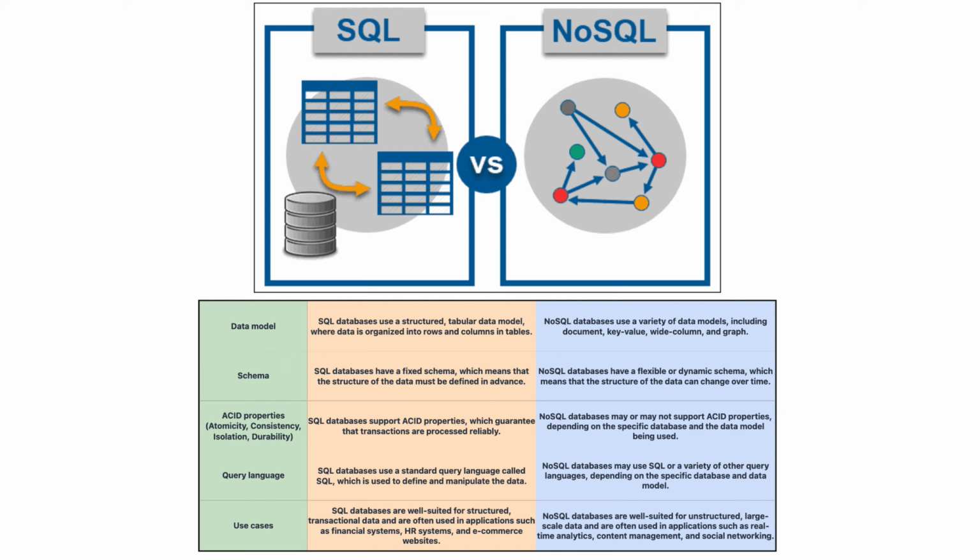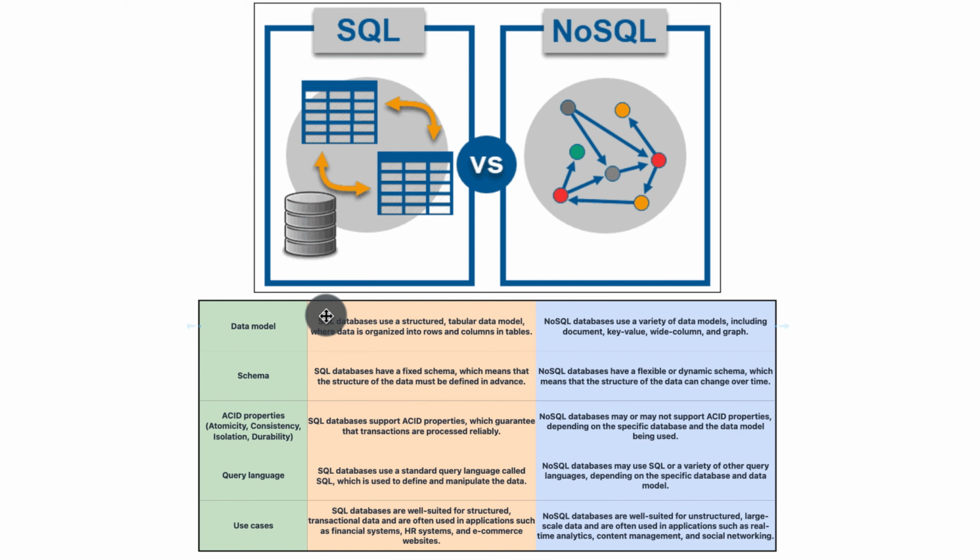Let's understand now the key differences between SQL and NoSQL databases. The first one is the data model. This means that SQL databases use a structured tabular data model, where data is organized into rows and columns in tables. Meanwhile, NoSQL databases use a variety of data models, including document, key-value, wide column, and graph.